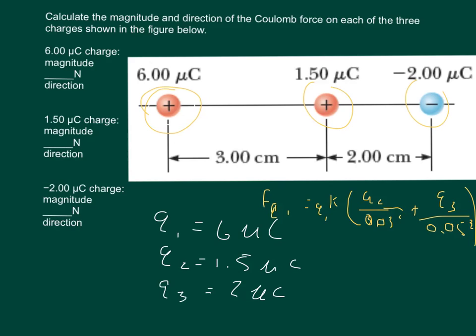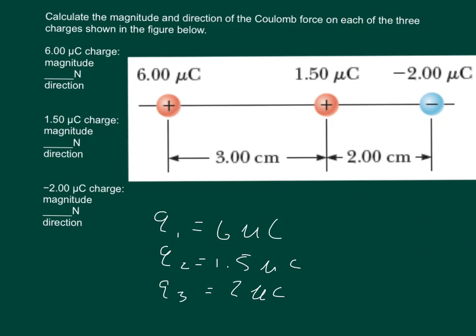So all I'm doing here is saying that the force on Q1 is equal to Q1 times E, the electric field from charge 2 plus the electric field from charge 3. I don't particularly like that method because it'll actually take you more time.